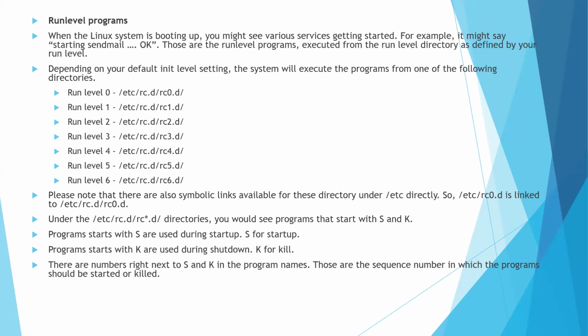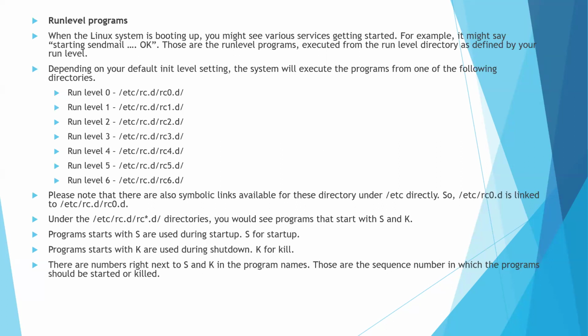Here are the complete details. When the Linux system is booted up, you might see various services getting started. For example, it might say starting sendmail. These are the run level programs. Depending on the default init level, the system will execute the programs from one of the following directories.